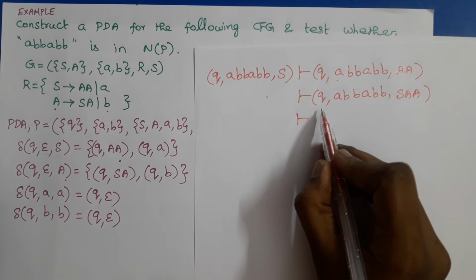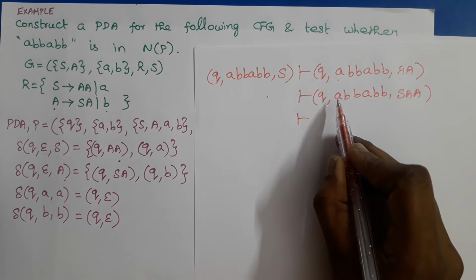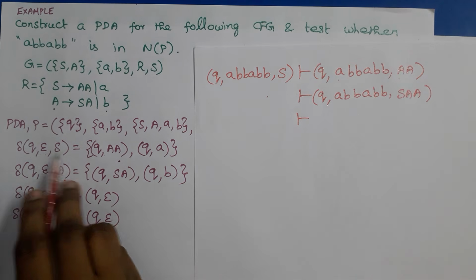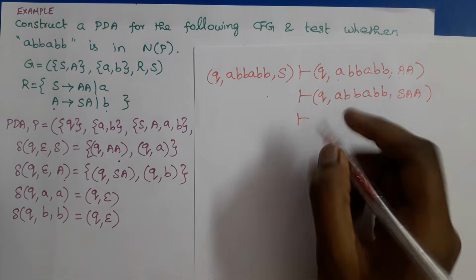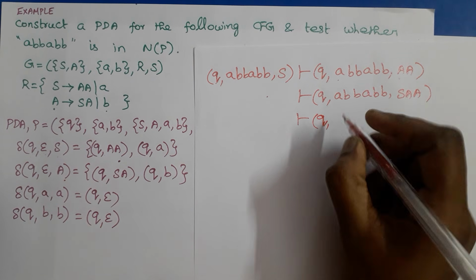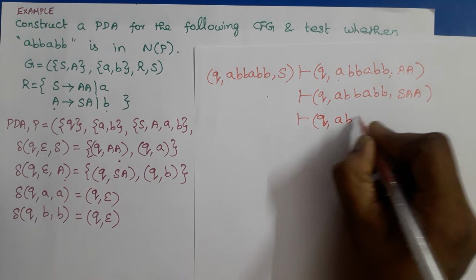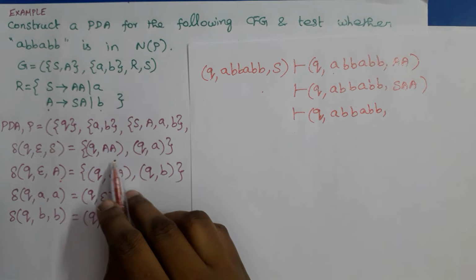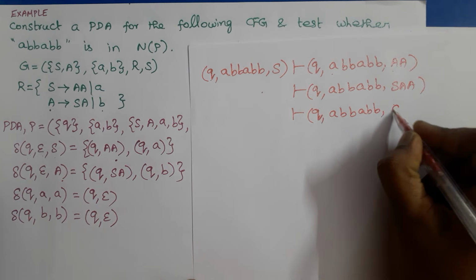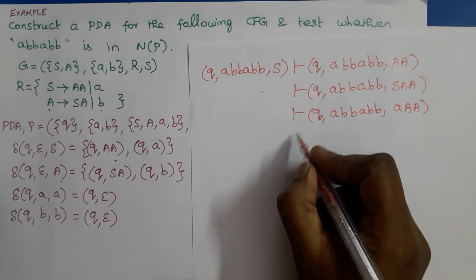Then Q, epsilon, S. We have to consider Q, epsilon, S, and this S now can be replaced by A. So epsilon is considered as input, so no change in input, and this S is replaced by AA.